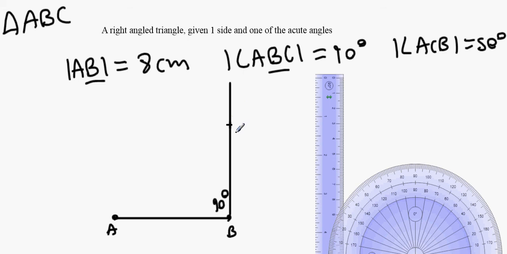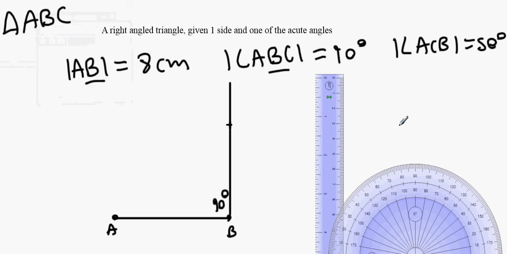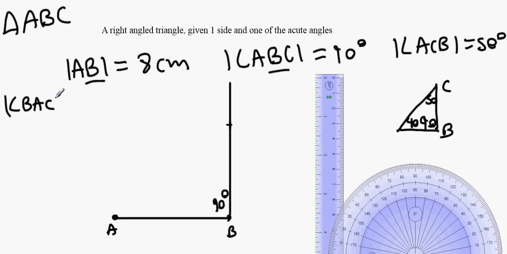But if we were to draw a rough diagram of this, we can say that this is 90, angle C is 50, but then we know that angle A has to be 40. Okay, so we know that angle BAC has to be 40 degrees now because of that.